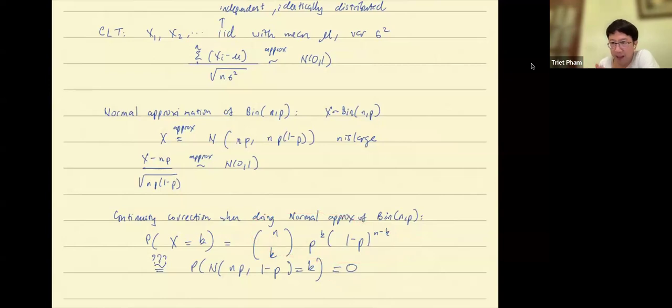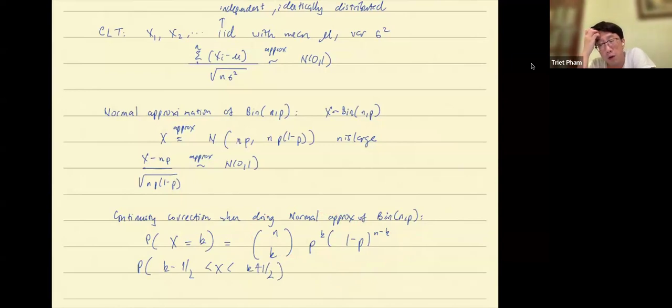So for that kind of situation, what you do is you convert this into the probability that K minus 0.5 is less than X less than K plus 0.5. And that's called the continuity correction. The reason is that when you subtract and add 1/2, it doesn't change anything with respect to the discrete value.